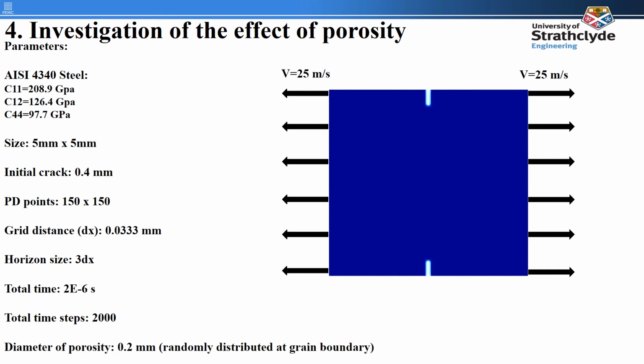There will be 2000 time steps, and for each time step, the time length is 1 nanosecond. For the porosity, the diameter is set as 0.2 mm, and the pores will be randomly distributed at grain boundaries.